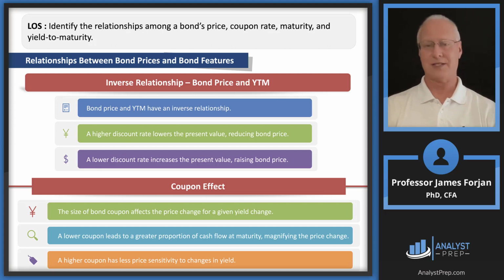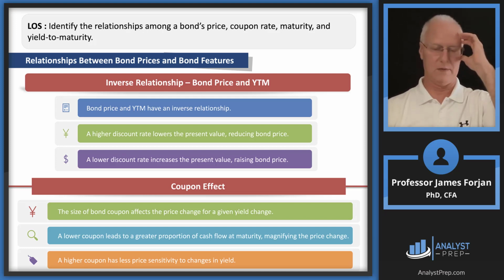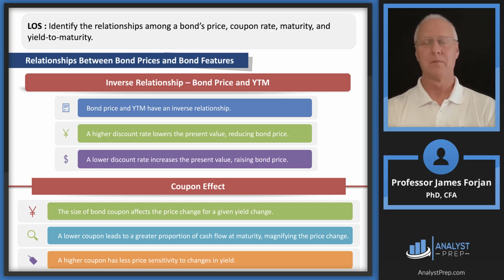I said this earlier. I said it back in the time value of money learning module. When the yield to maturity goes up, bond price goes down. So there we have right at the top. Inverse relationship. So think about this. And this is why I tell my students this. Think of the yield to maturity as the current borrowing rate for the entity, whether it's the corporation or the government body, right?